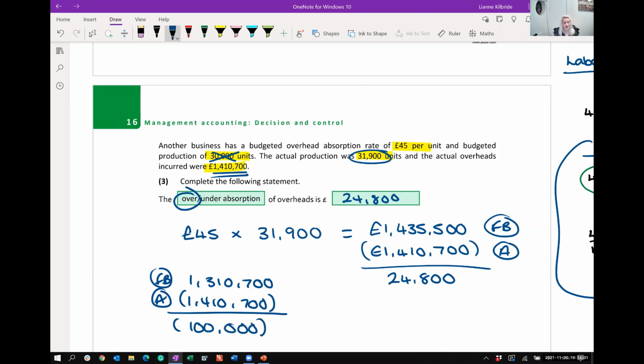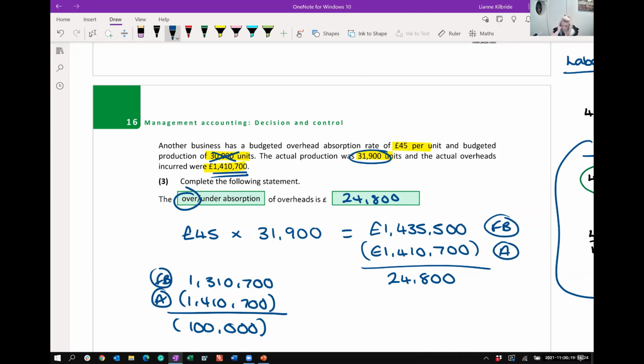And the answer to that would have been under-absorbed by £100,000. So that's another way of working out whether you've over or under-absorbed. Start with your flex budget, take off your actual. Does this answer come out positive? If it does, that is how much you have over-absorbed by. If it's a negative answer, you've under-absorbed by that amount.